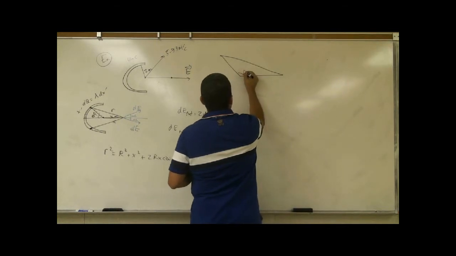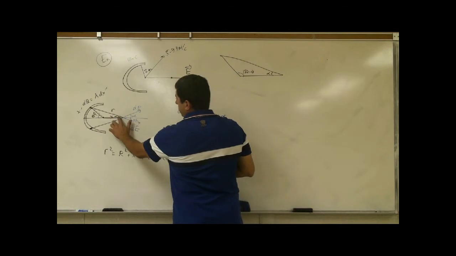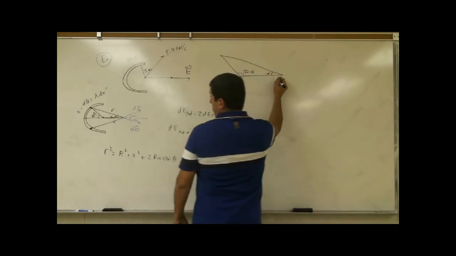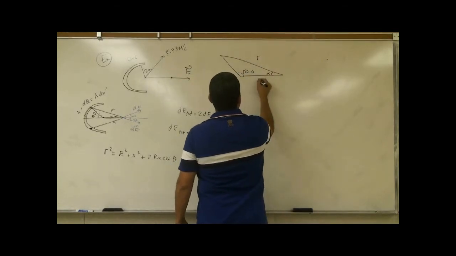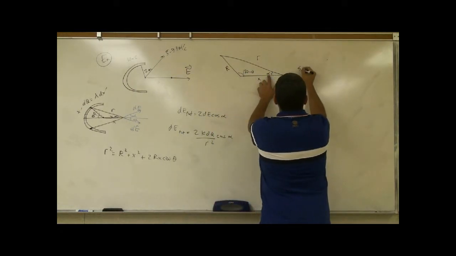Okay, so this is 180 minus theta, this is alpha, right? This angle alpha and alpha are the same, right? And this is R, this is x, this is r.